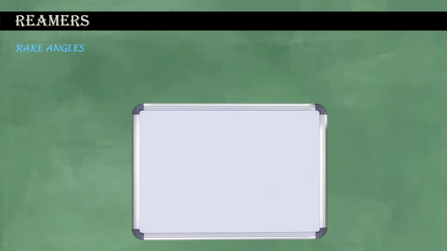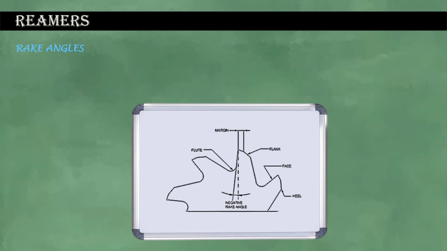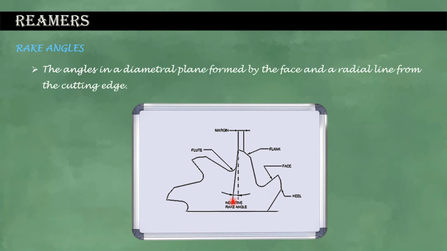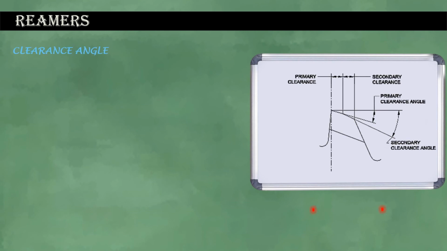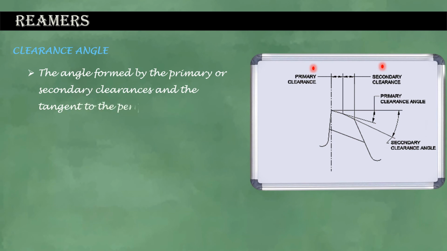Rake angles. The angles in a diametral plane formed by the face and a radial line from the cutting edge. Clearance angle. The angle formed by the primary or secondary clearances, and the tangent to the periphery of the reamer at the cutting edge.